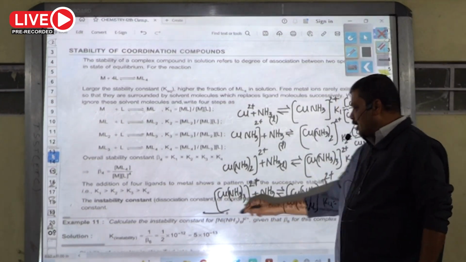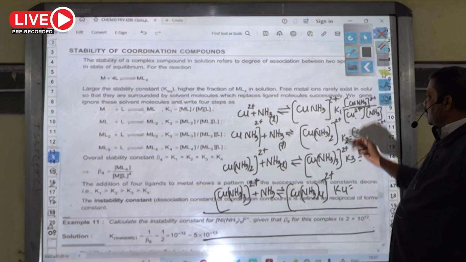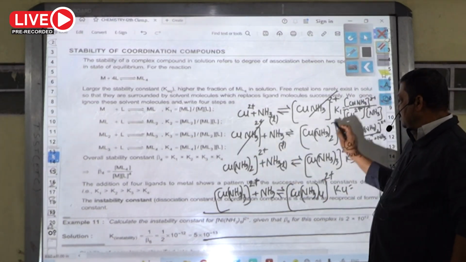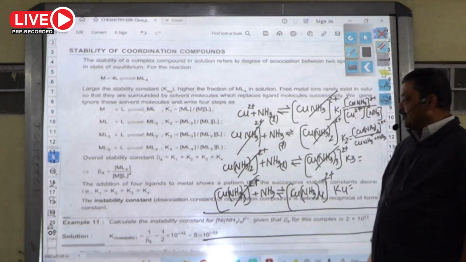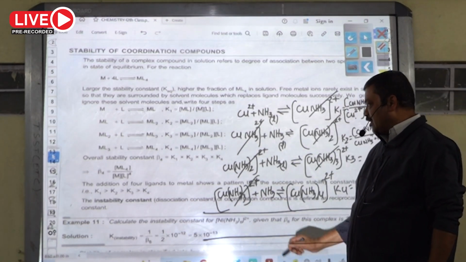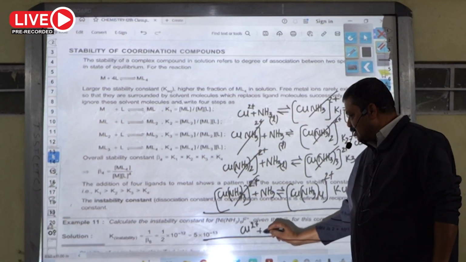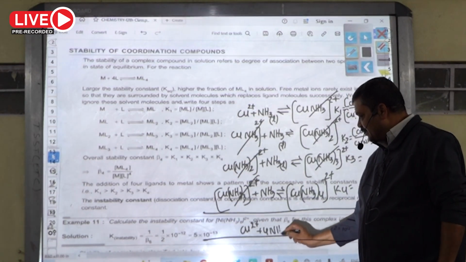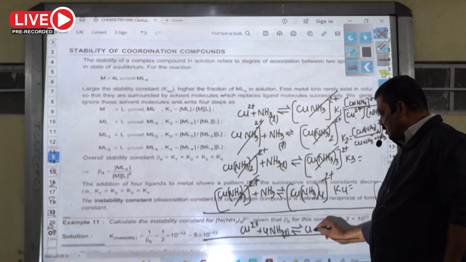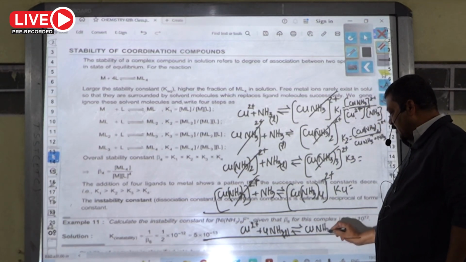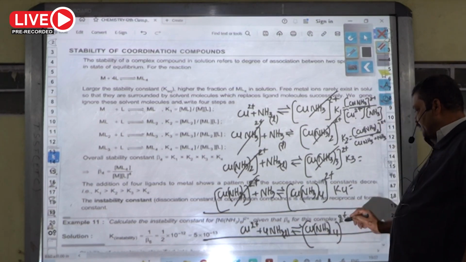If I want the overall reaction, this cancels, this cancels, this cancels. So finally what I will get? Cu2 plus plus 4NH3 liquid gives CuNH3 4 times 2 plus.